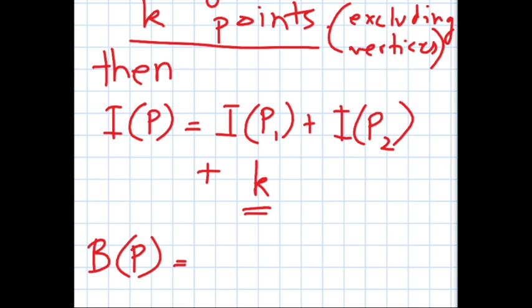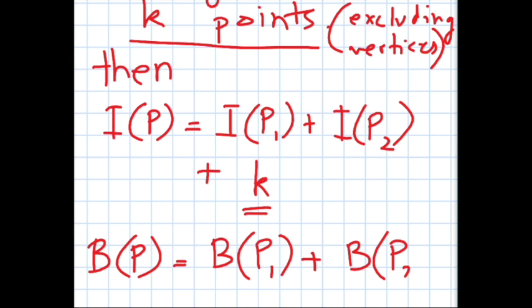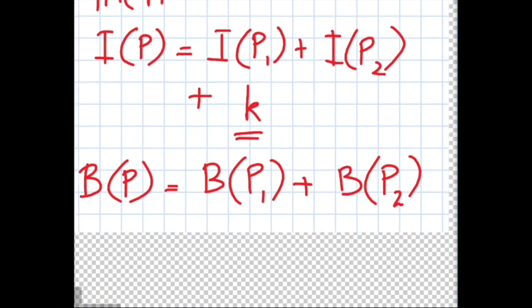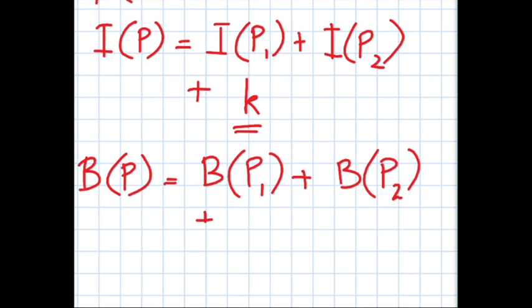What is B of P? B of P is all the points on the boundary of P1 plus all the points on the boundary of P2, but the boundary of P1 also has k points, so we have to subtract that.